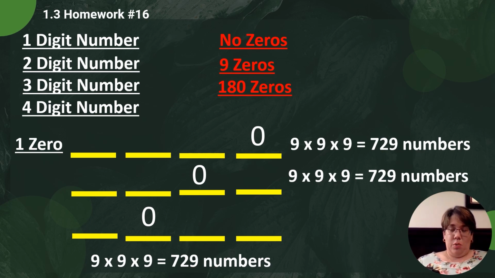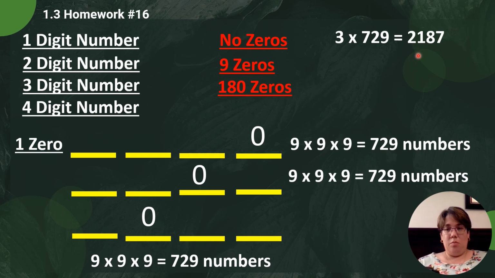So there are going to be 3 times 729 possibilities, which is 2,187 possibilities. Okay, so that is 4-digit numbers that have 1 0 in them.